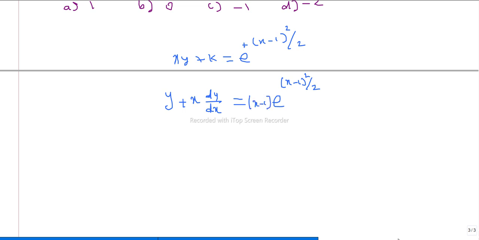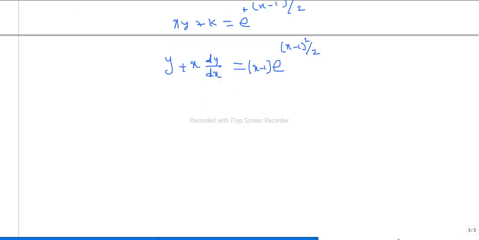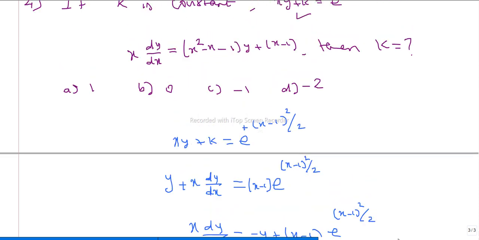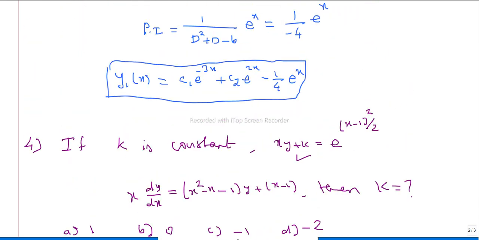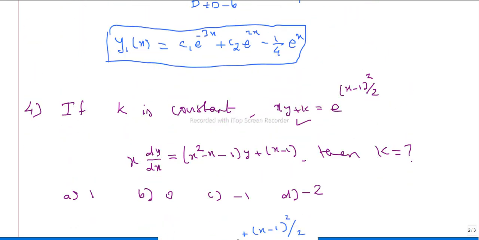This is the derivative. Now x dy by dx should be minus y plus (x minus 1) into e power (x minus 1) whole square by 2, but it's given that the right hand side is this thing.